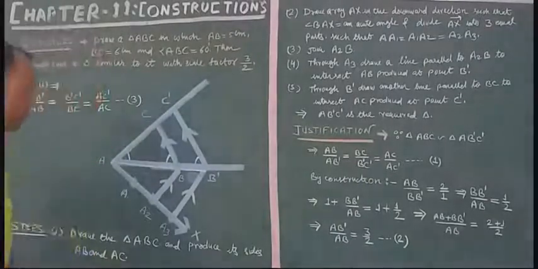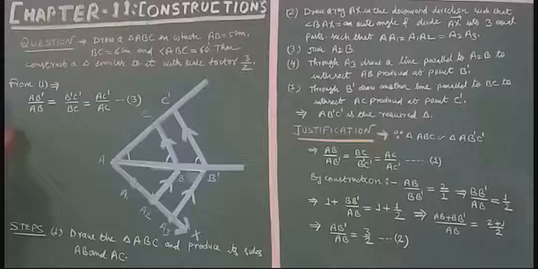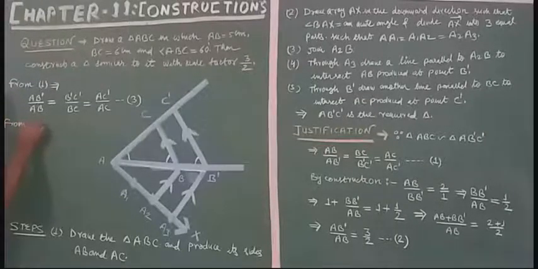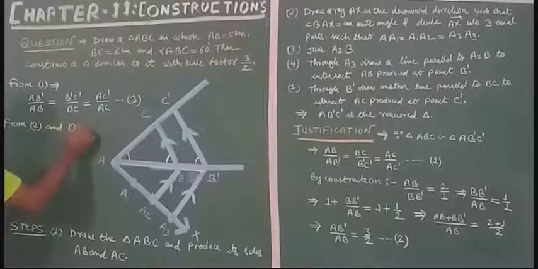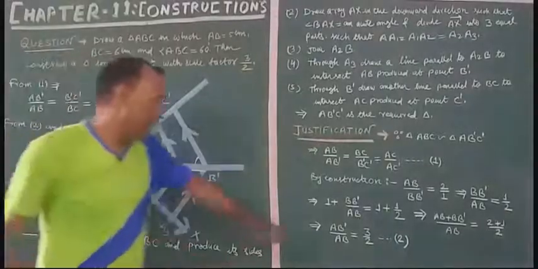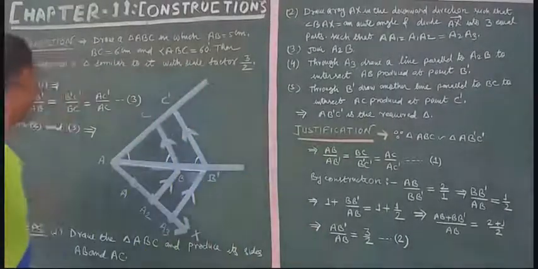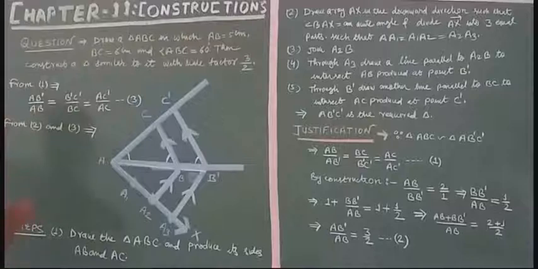Now from equation second and third, so what will happen? Just look here. Here AB dash upon AB is 3 upon 2. So all these ratios will be equal to 3 upon 2.